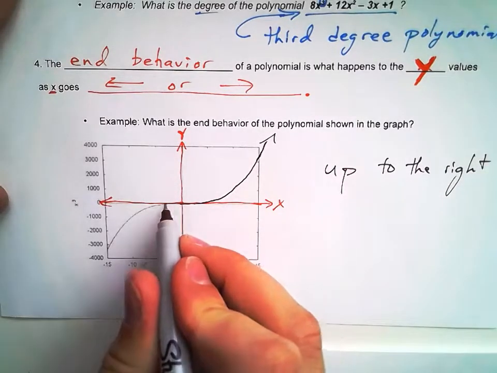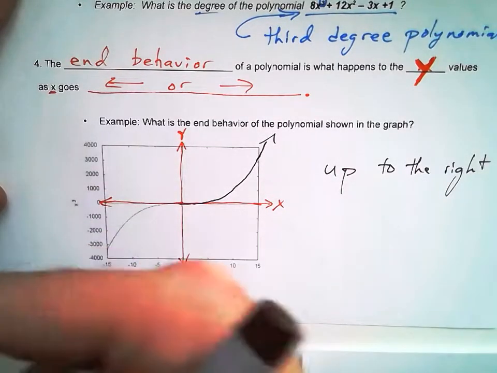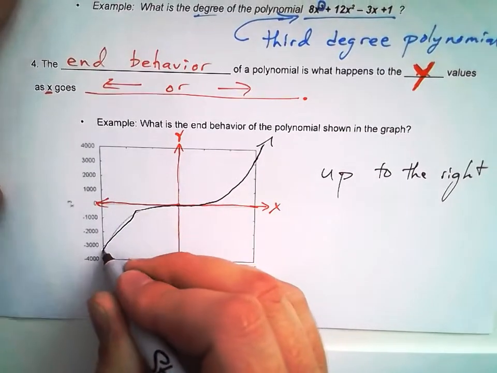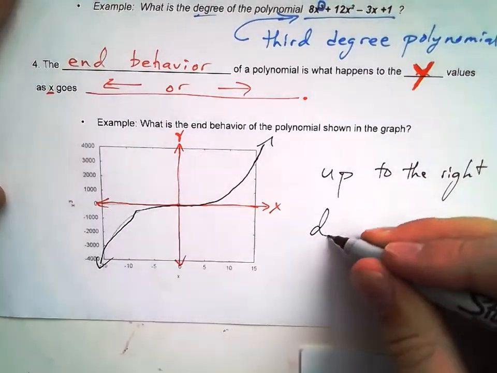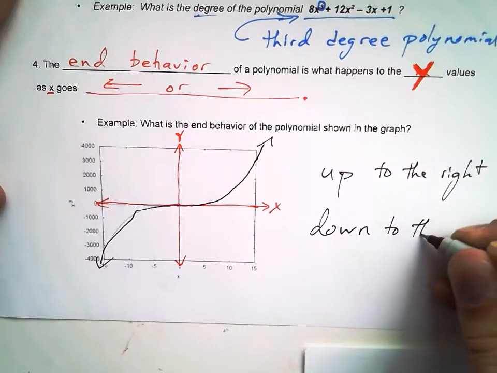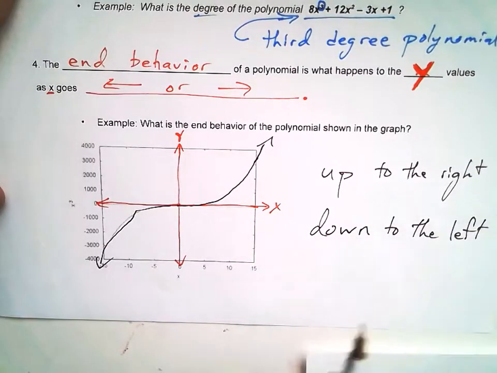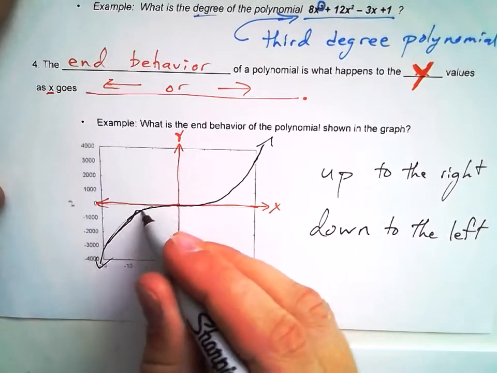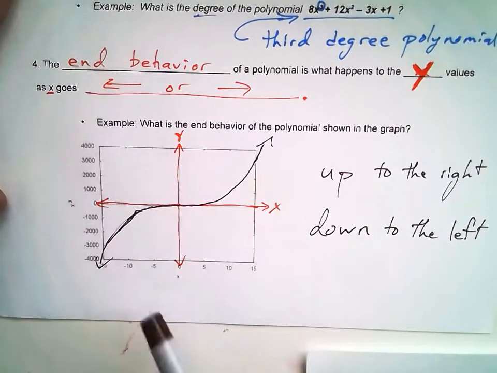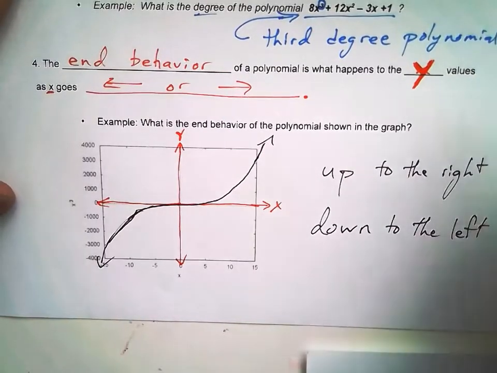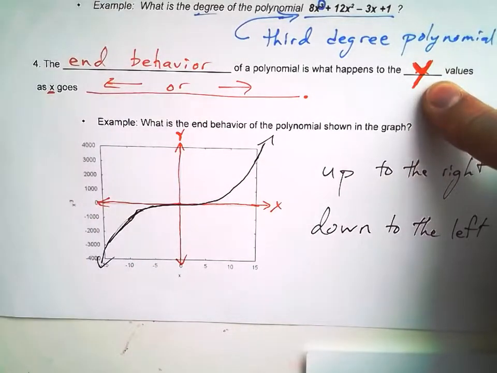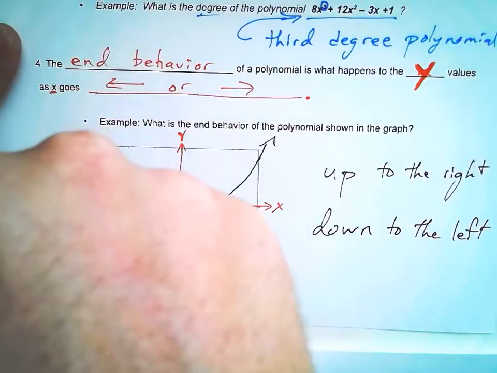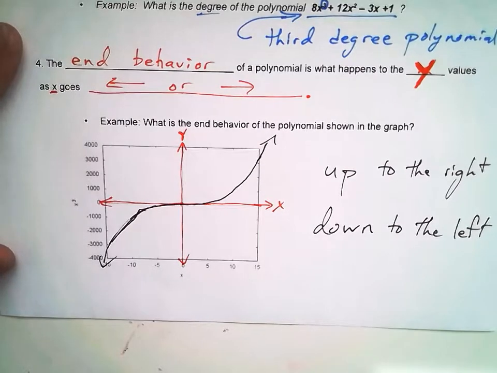But what about when x is going in the negative direction, that way? The function's going down. So you can say down to the left. We'll talk about some more precise ways of talking about this next time. But end behavior, it's what happens to the y. The y is up and down. So when it goes to the right, does it go up or does it go down at the end? When it goes to the left, does it go up or down at the end? Okay.